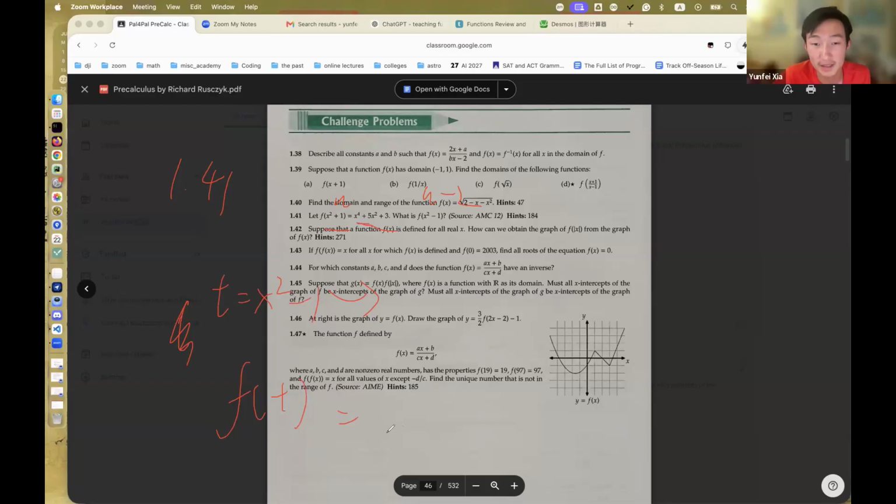You solve it as some t squared plus some t plus something, and then you plug f of t minus 2 into this. You're going to get another equation.